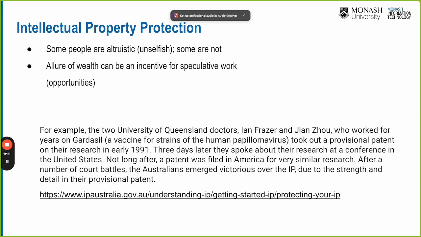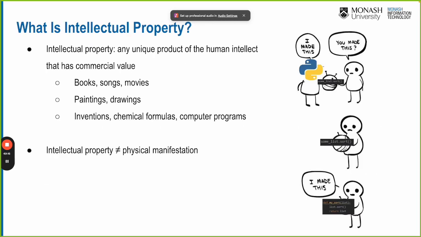So what is IP? It is the unique product of the human intellect that has commercial value, like books, songs, movies, paintings, drawings, and software as well, the program and the algorithms. Intellectual property is not something physical.